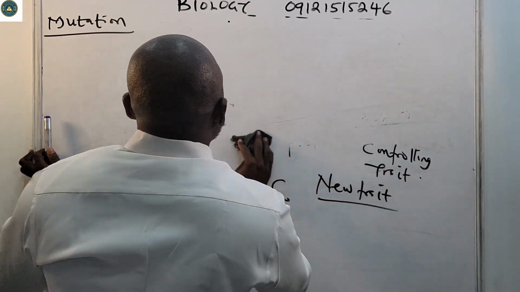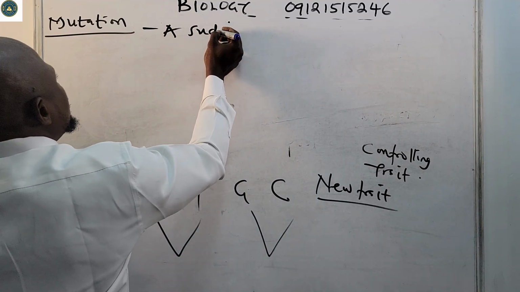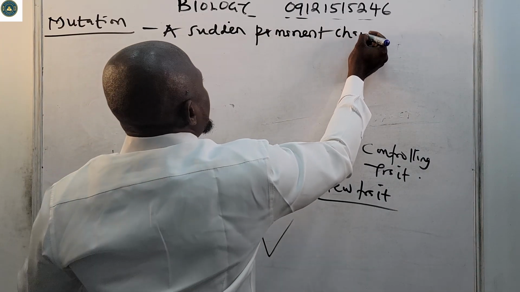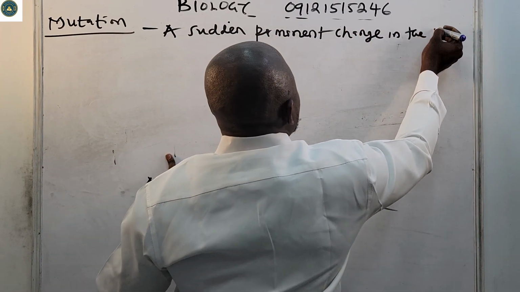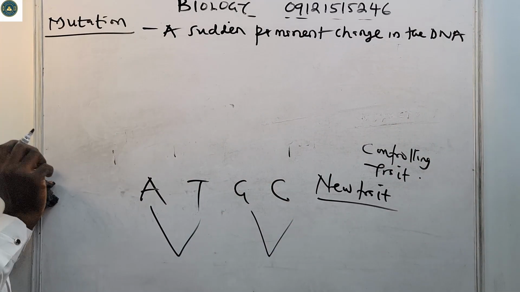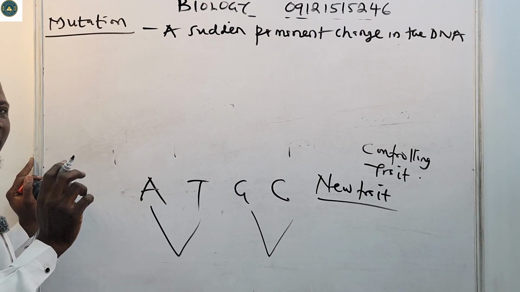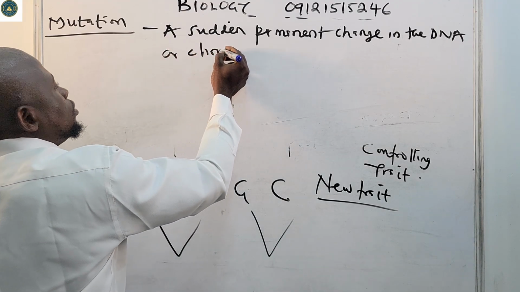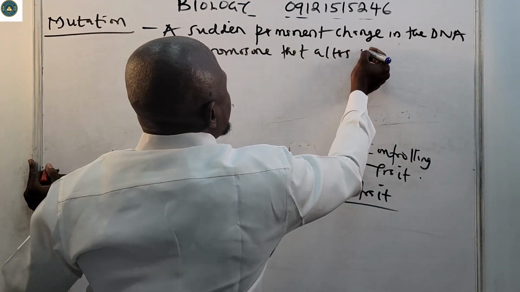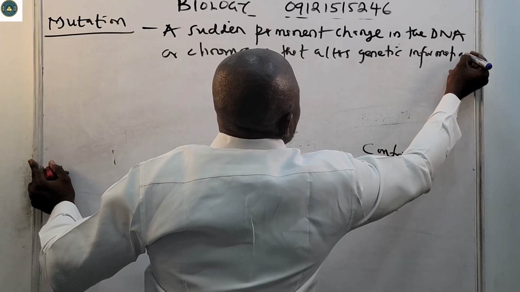So mutation is a sudden permanent change in the DNA or chromosome that alters genetic information.